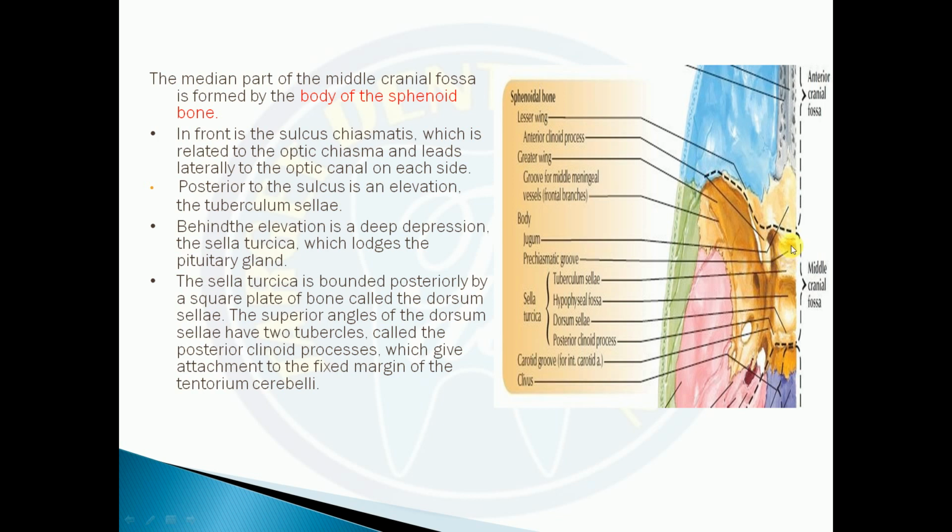I repeat, this is your sella turcica, and you can see the concavity and the convexity. The deepest portion is known as the hypophyseal fossa, which lodges the pituitary gland, and posterior to the sella turcica we have the square shaped plate of bone known as the dorsum sellae.